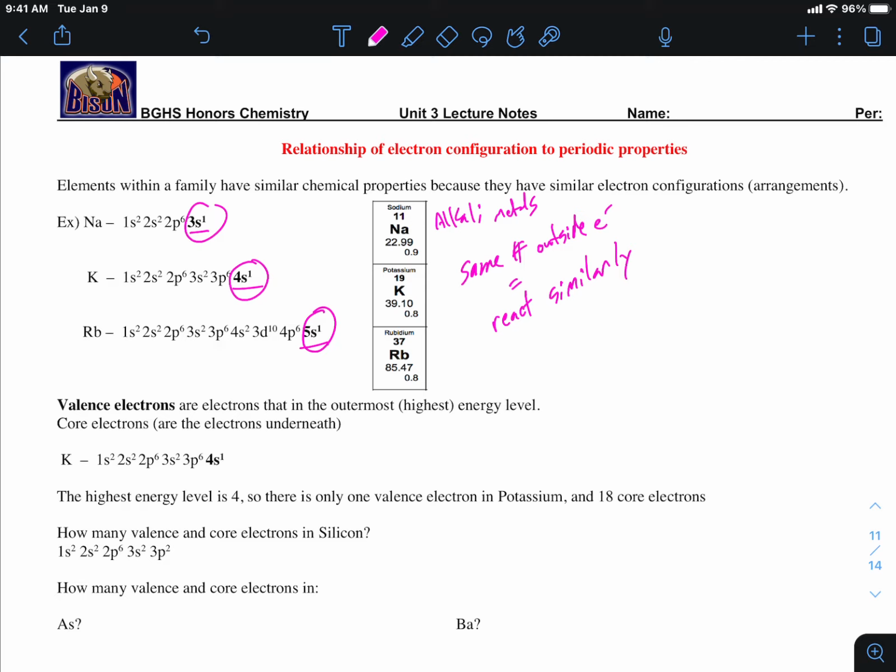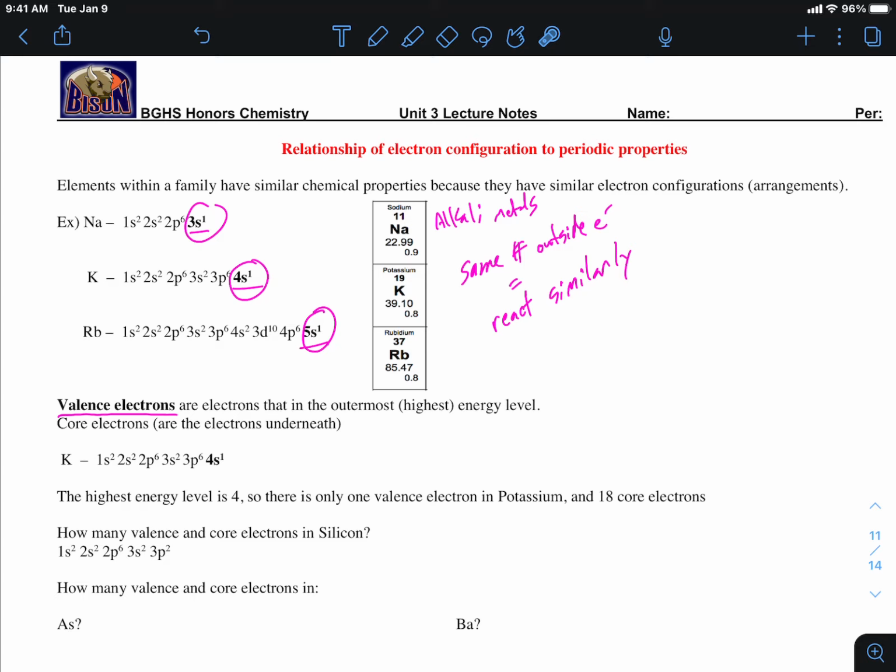There's a term for these outermost electrons. They are called valence electrons. The valence electrons are defined as the outermost electrons, or the electrons in the highest energy level.